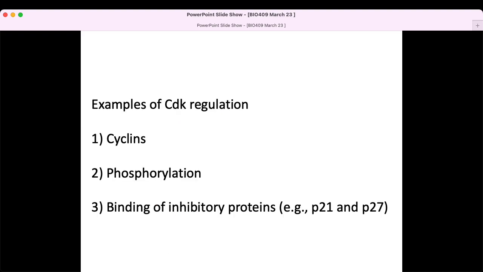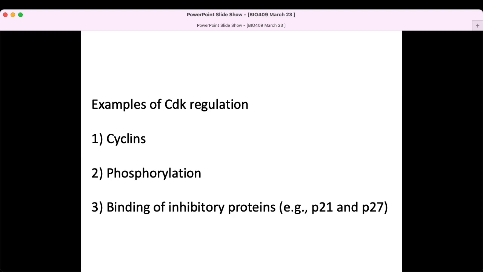I'll skip ahead to this list of examples of CDK regulation at start. One, you've got to have cyclins, they're cyclin-dependent kinases, and we usually have to make them. So usually transcription factors have to bind the cyclin genes and get them made.